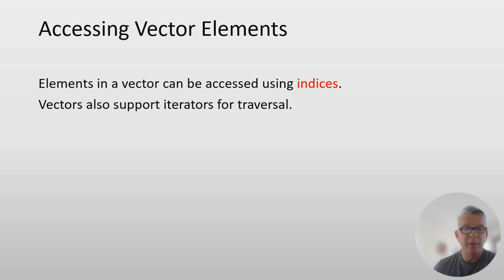We can also access things using the indices just like an array. Vectors also support iterators for traversal, and we'll look at that. But you can take my vector, I'll just do MV. And then just like we did with our array, we can say I want to see what is in index 5, as long as your vector has 5 indexes.